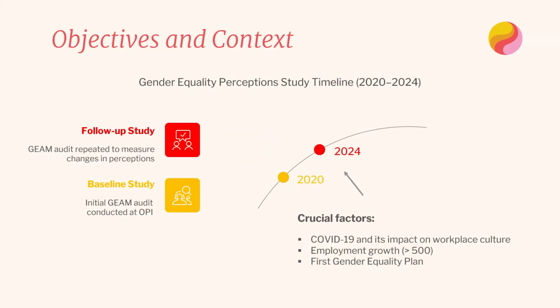So we hire both researchers and IT specialists. We use the GEAM tool to assess workplace culture, gender equality practices, and employees' experiences. And the study was conducted twice, first in 2020 and then again in 2024.